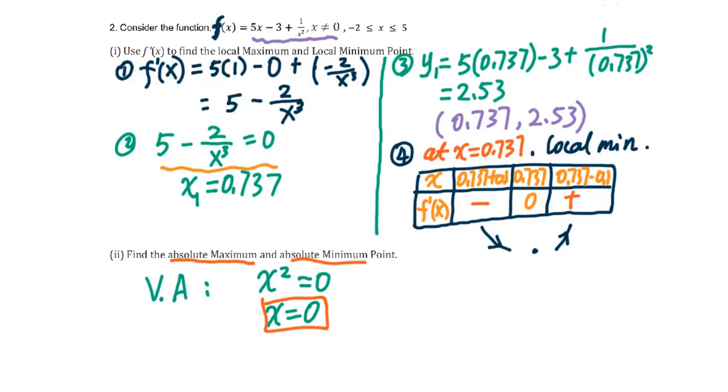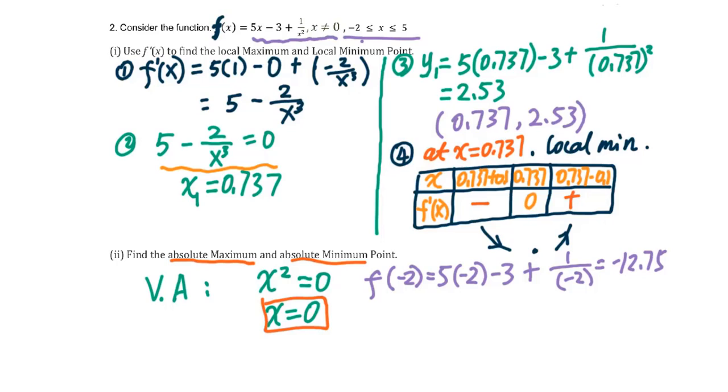We're still working out the boundary values. That is f of negative 2 equals 5 times negative 2 minus 3 plus 1 over negative 2 squared, which equals negative 12.75. This is an exact answer, so you don't have to round to 3 significant digits.